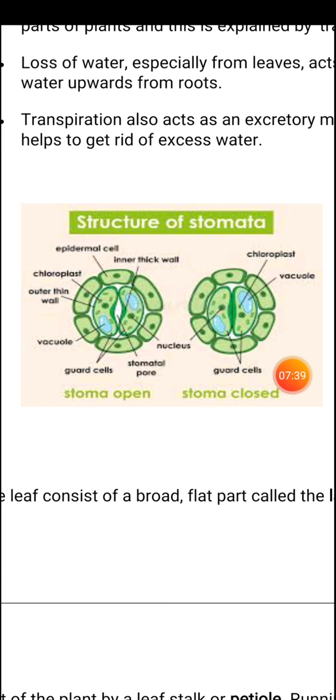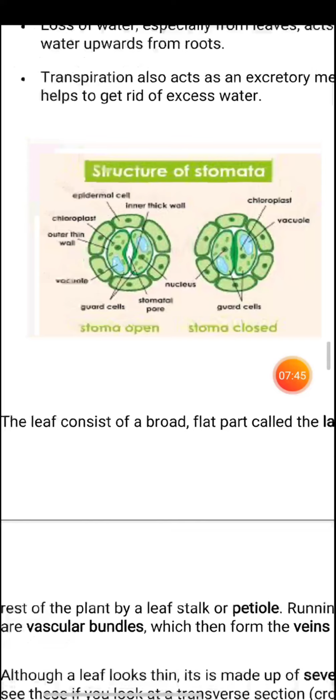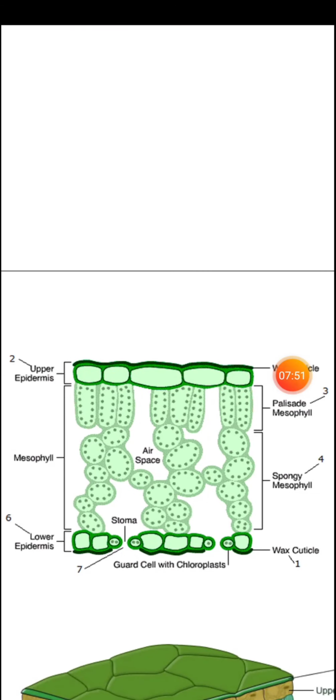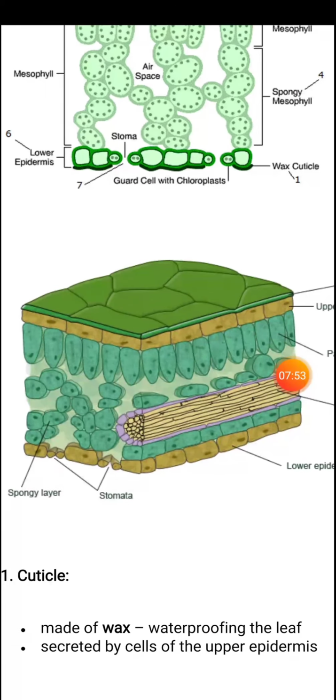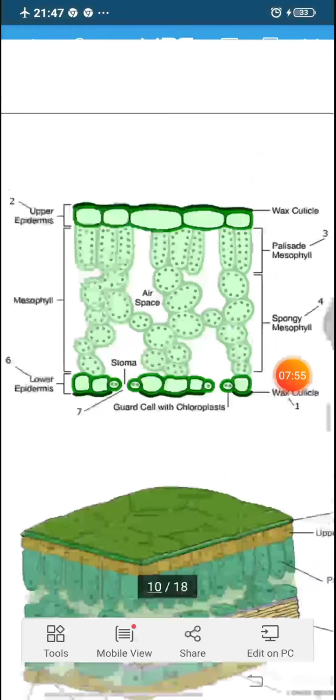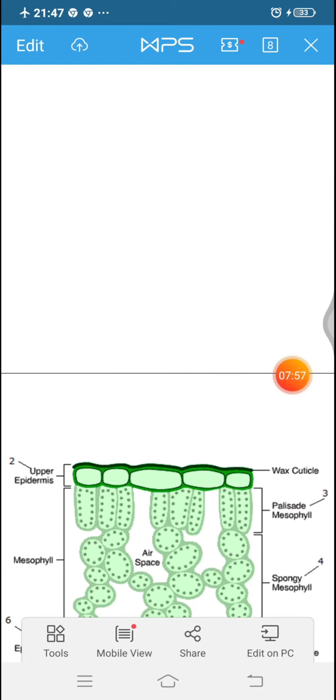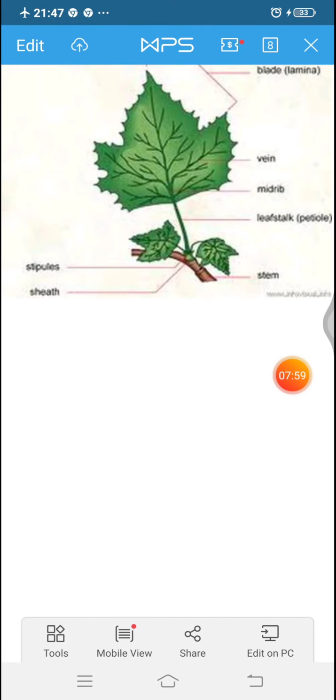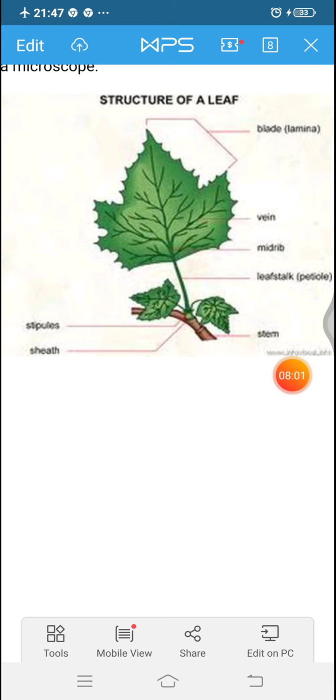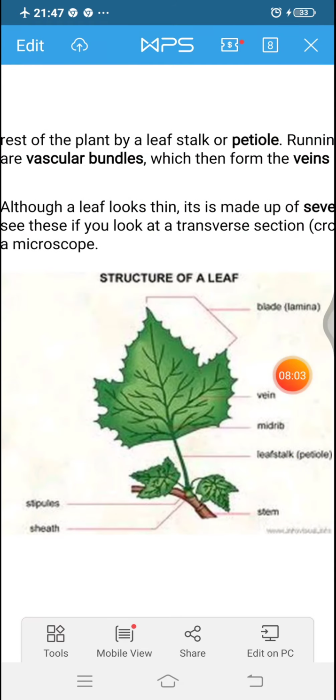For all these things, stomatal pore is very useful. So you have to link and study this structure, stomata, and these two diagrams of the leaf with the autotrophic nutrition, and it is also helpful in the process of exchange of gases in plants.